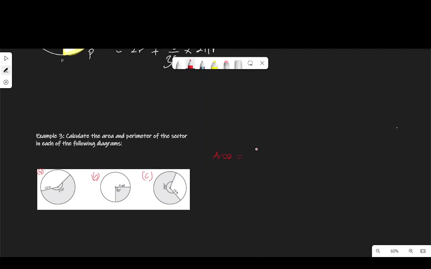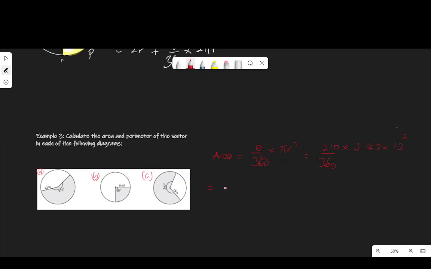Area is theta over 360 times pi r squared. The angle here is 210 over 360 times pi is a constant 3.142, and the radius there is 12 inches times 12 square.